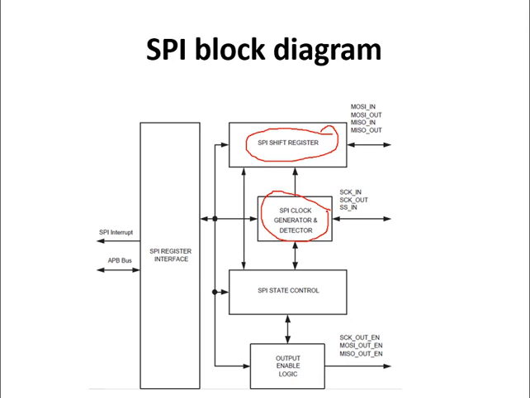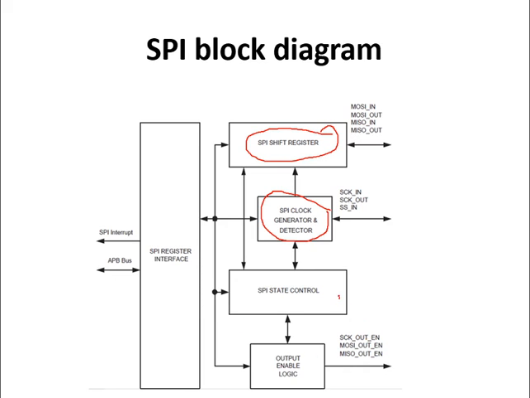It will take the peripheral frequency and from that generate the own clock of the SPI. You can program the clock signal for the SPI using the control register.